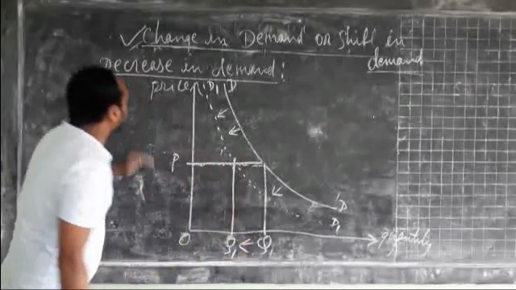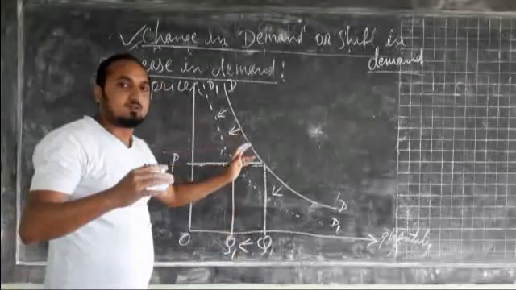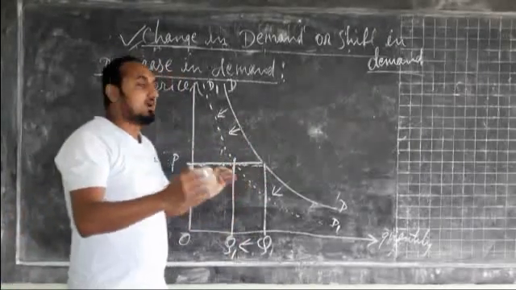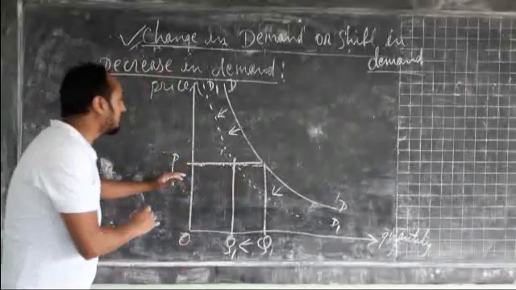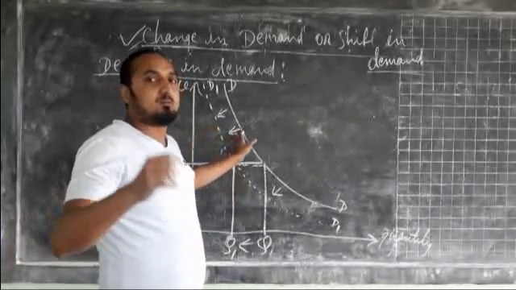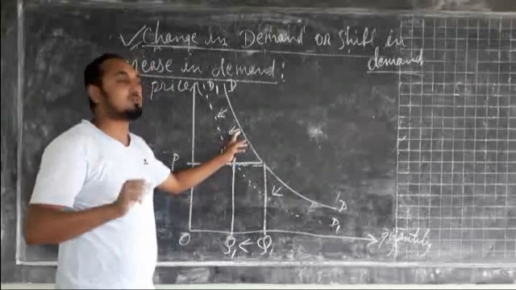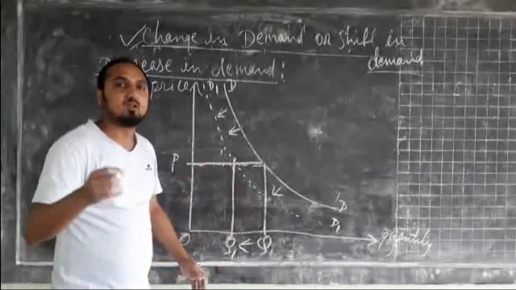So here in the case of decrease in demand, the quantity demand will decrease at the same price. Here price will not change, price is remaining constant. The quantity demand is decreasing due to decrease in other factors. Either it may be income of the consumer, taste and preference, or any other factor.